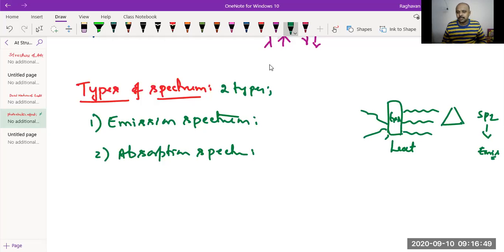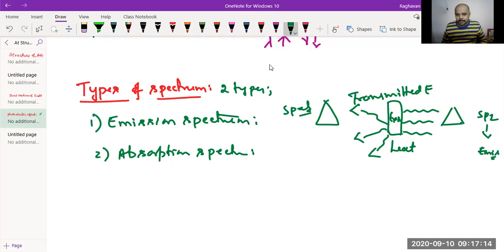This is transmitted energy. When you heat a gas or any substance, a part of the energy is absorbed and the remaining part is transmitted. If you pass this transmitted radiation through a prism, you get a spectrum. This spectrum is called absorption spectrum.